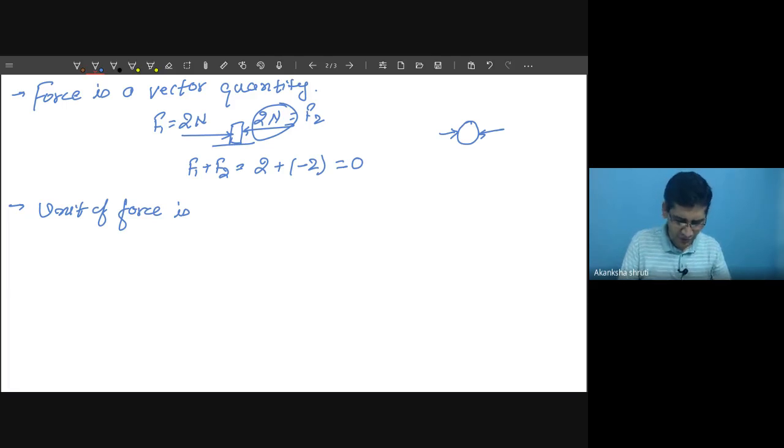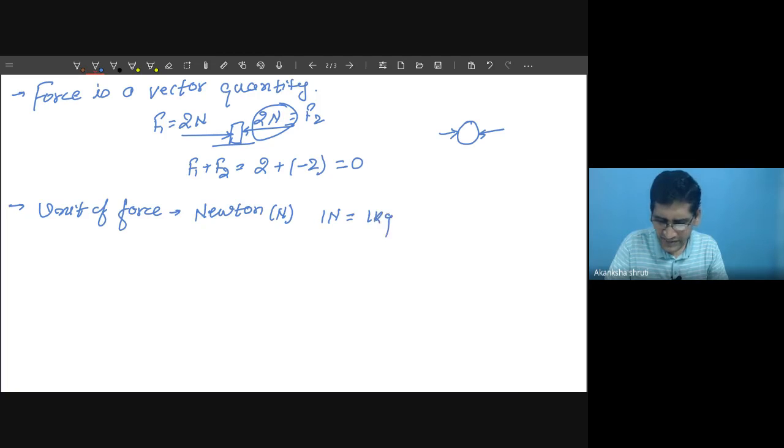Is the unit of force what we are taking. So it is simply called the Newton, denoted by capital N. If we are taking 1 Newton, it is given by 1 kg moving with an acceleration of 1 meter per second square.